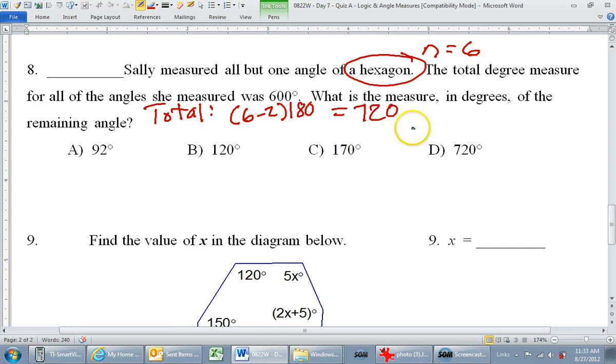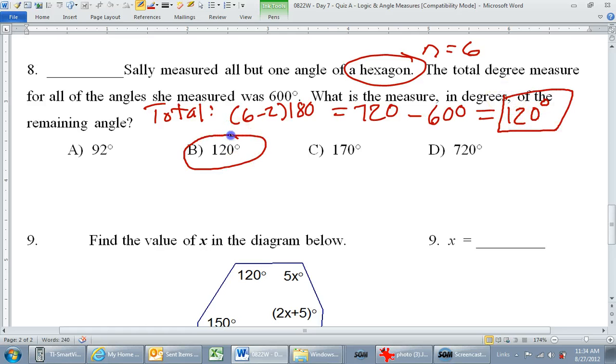Of that 720 degrees, she has found 600 degrees so far. So if we just simply subtract that 600 degrees, that should leave what's left. How much was left, you guys? 120. Okay? So that's why the answer to that one should have been B.